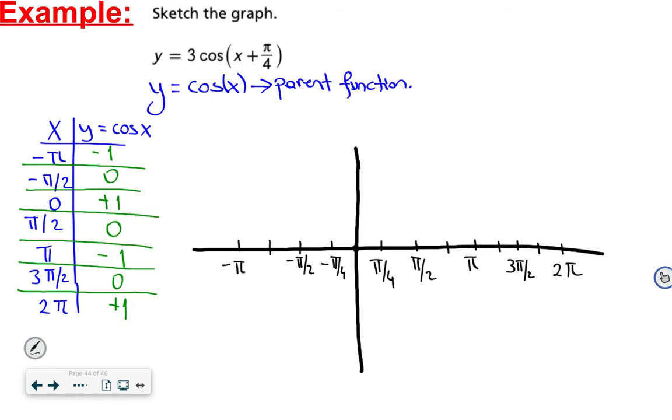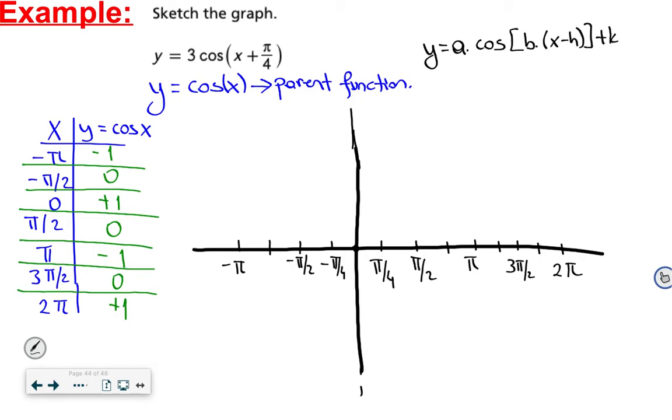Alright, now we are going to graph this. Remember that, ladies and gentlemen, what is the general form of the transformed function? y is equal to a times sine or cosine of b times x minus h, plus k.